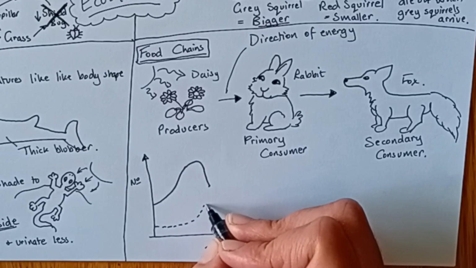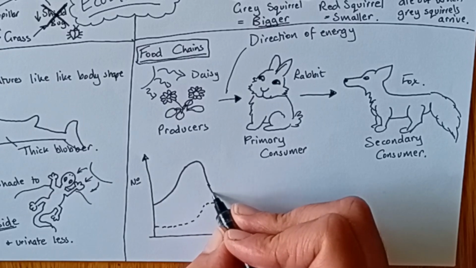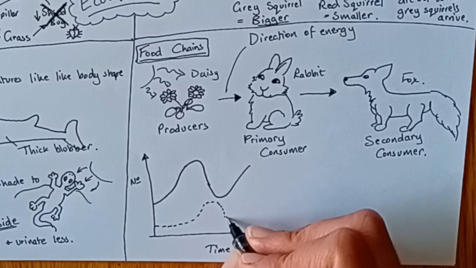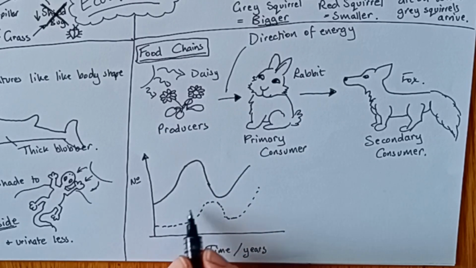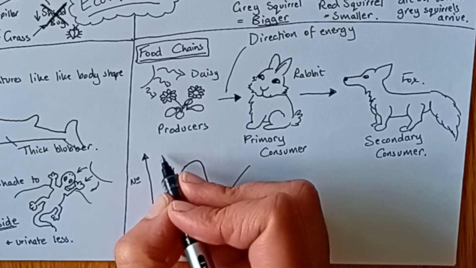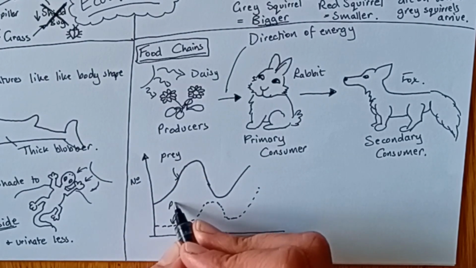And as the rabbits start to decrease, the foxes start to decrease. And as the foxes start to decrease, the rabbits increase again. So what you get is this slight time delay in the increases and decreases of the predator and prey populations. The rabbit is the prey, and the fox is the predator.